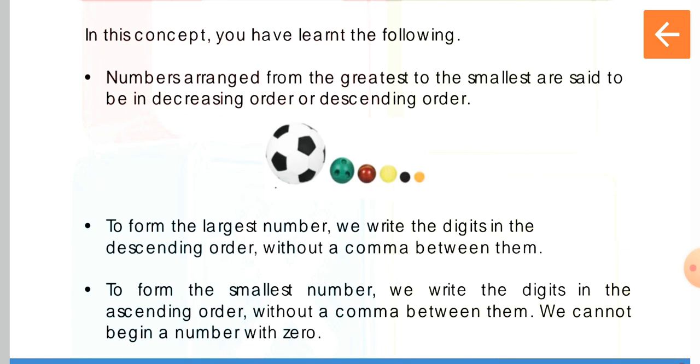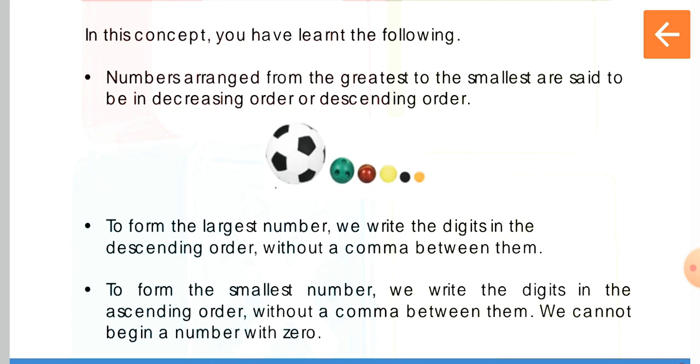Now next is to form the smallest number, we write the digits in the ascending order without a comma between them. If some digits are given and you have to form the smallest number, then you arrange the digits in ascending order and don't put a comma between them. And there is one more thing. Always remember, we cannot begin a number with 0.